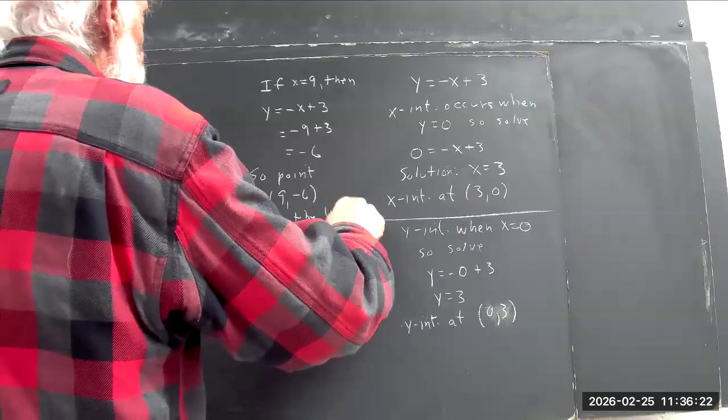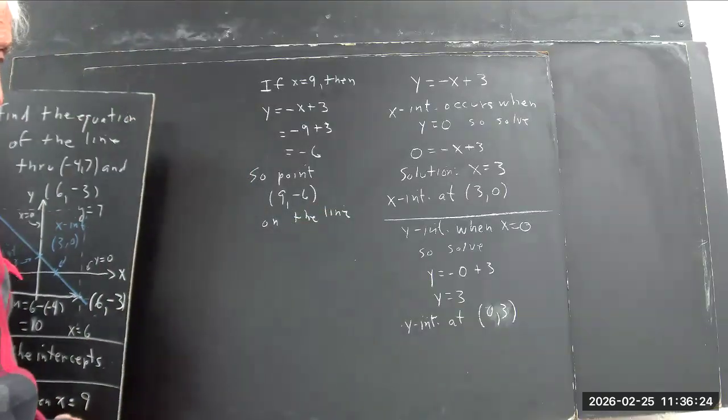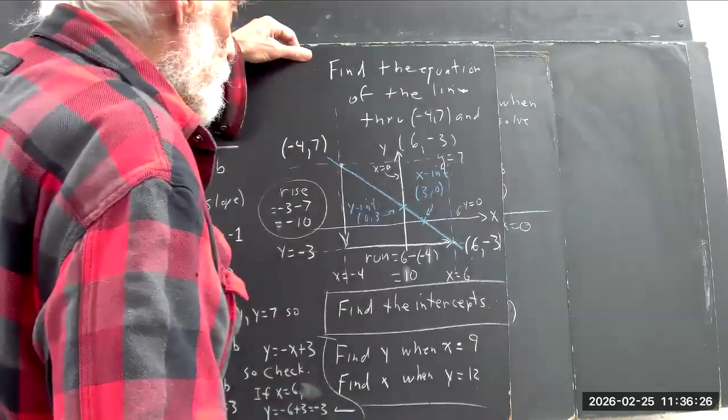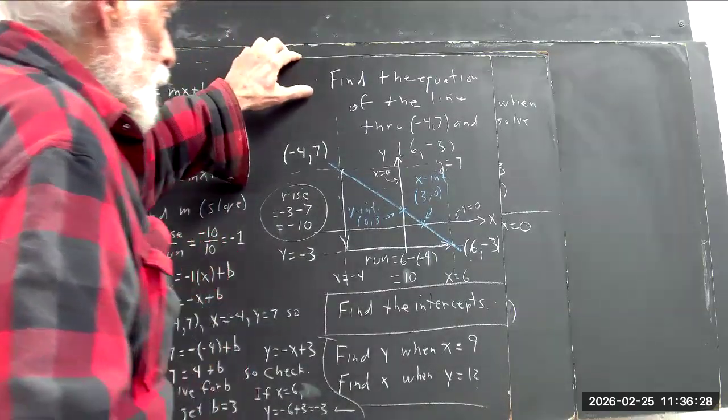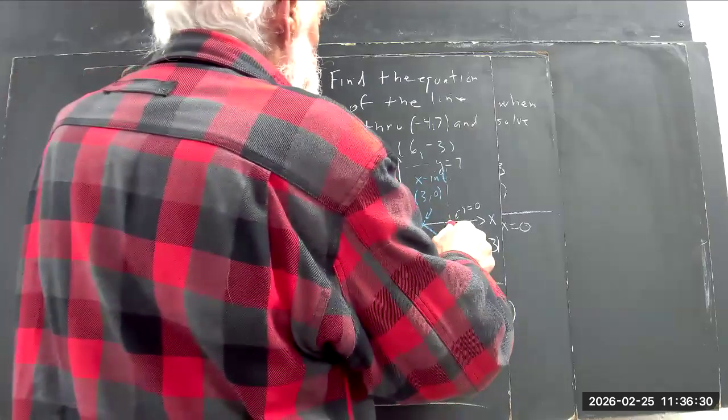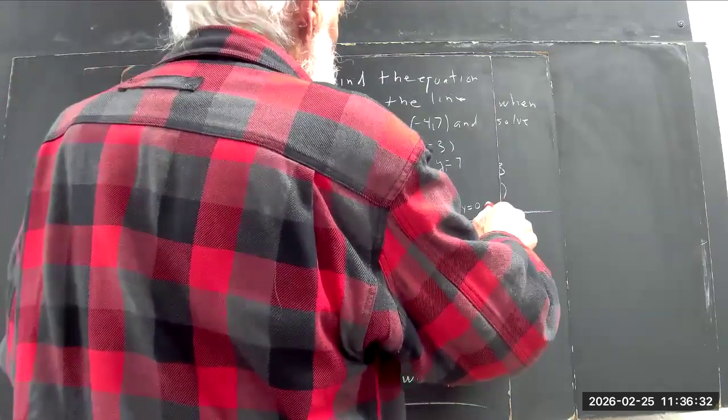The point 9, negative 6 is on the line. Now you see, if 6 is here, 9 ought to be about here.